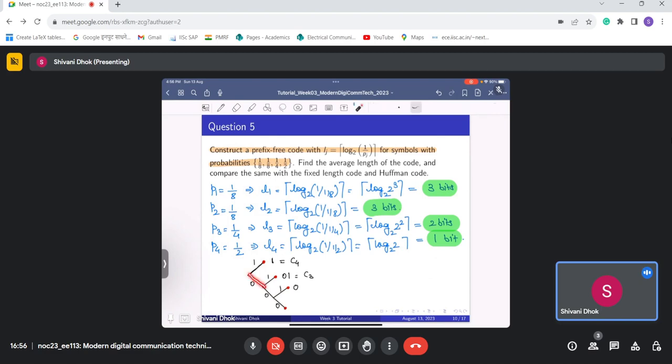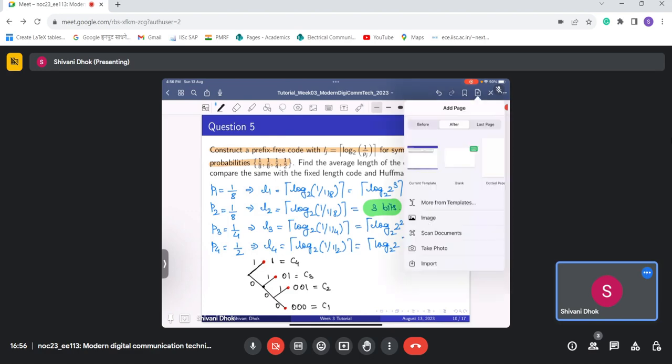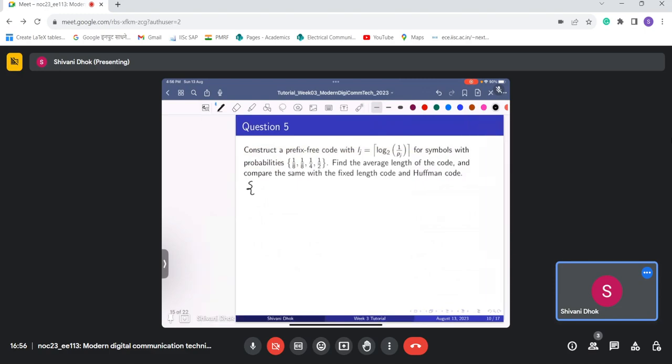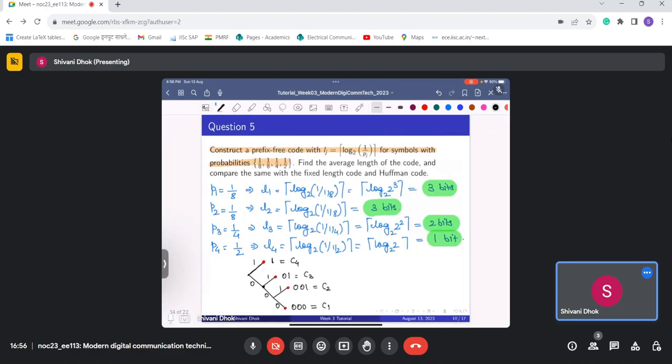So this is 0 0 1, this is C2, and what we have here is 0 0 0, which is C1. Okay. So what we are having here is the lengths. The lengths are 3 3 2 1.